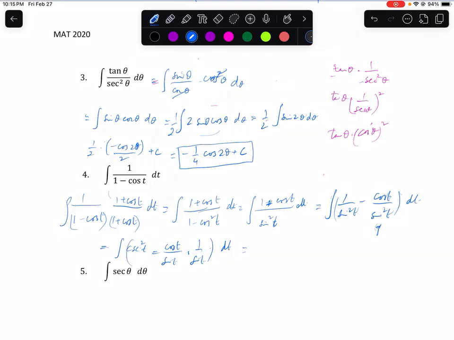Now the integral of cosecant square t is negative cotangent t.